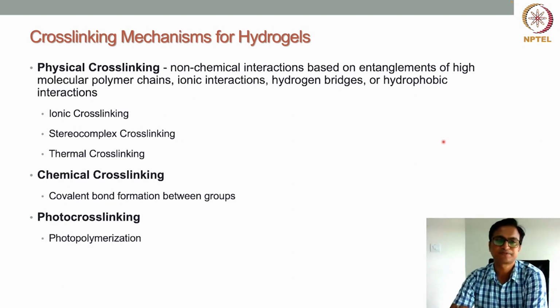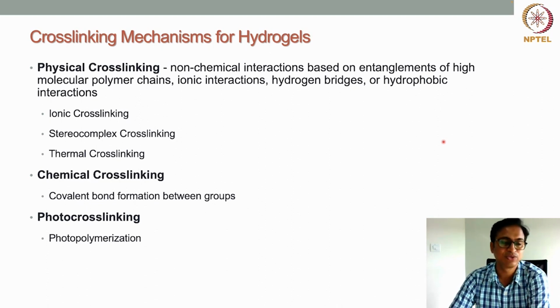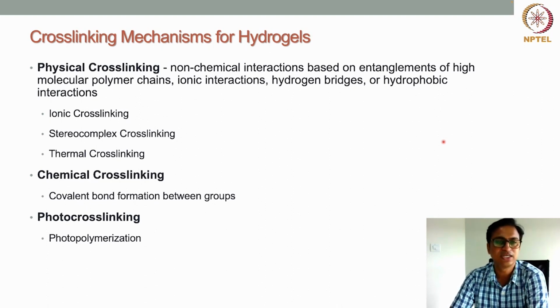That kind of thing can be utilized for inducing cross-linking within a hydrogel, right? Suppose due to different factors, we can alter the non-chemical interaction within a polymer, then we can introduce cross-linking, we can introduce gelation within the material.